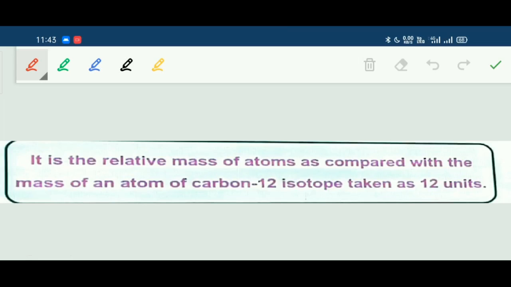Students, you have already studied that atomic mass is the relative mass of atoms as compared with the mass of an atom of carbon-12 isotope taken as 12 units. And you also know that atomic masses of various elements like carbon is 12 u, oxygen is 16 u, sodium is 23 u, and so on.